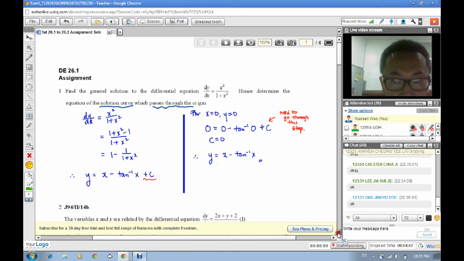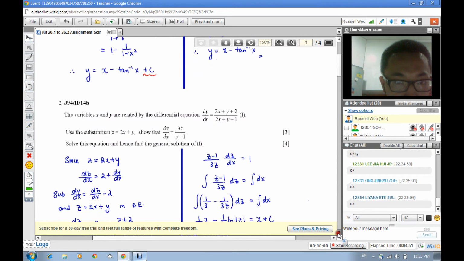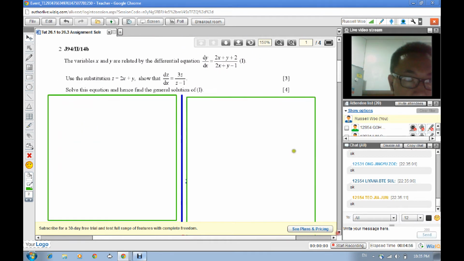Okay, let's jump to question 2 now. This is solving a DE, but we are using substitution. We are given this substitution, which actually the technique is similar to what we see in the class test.